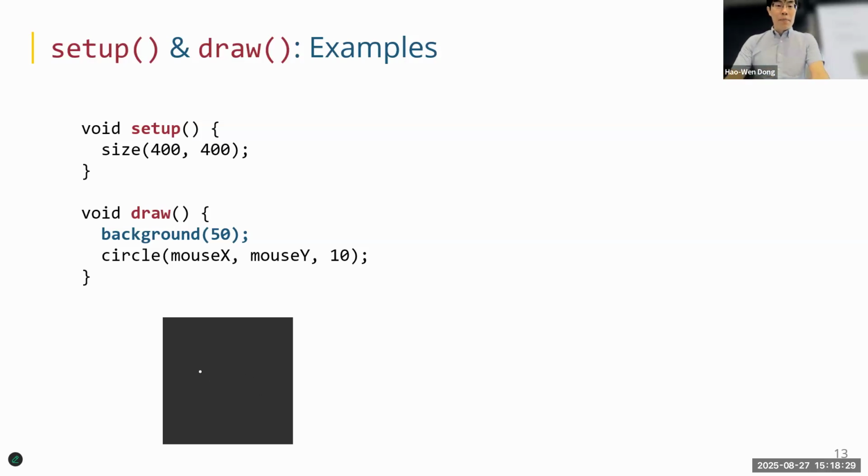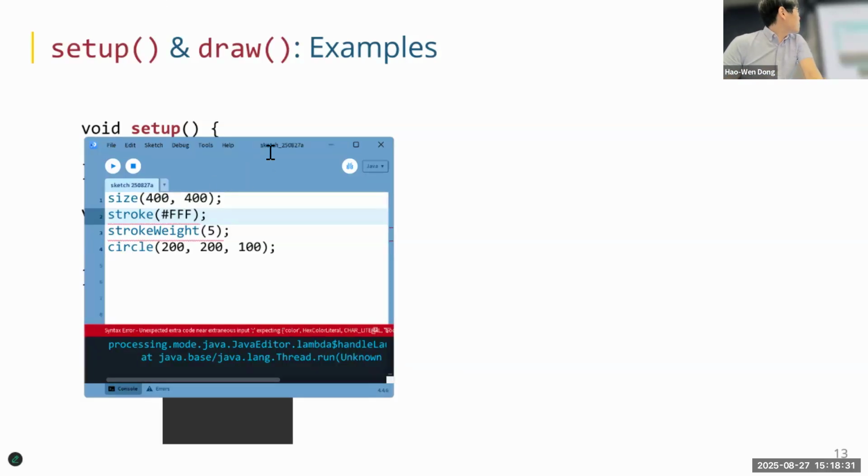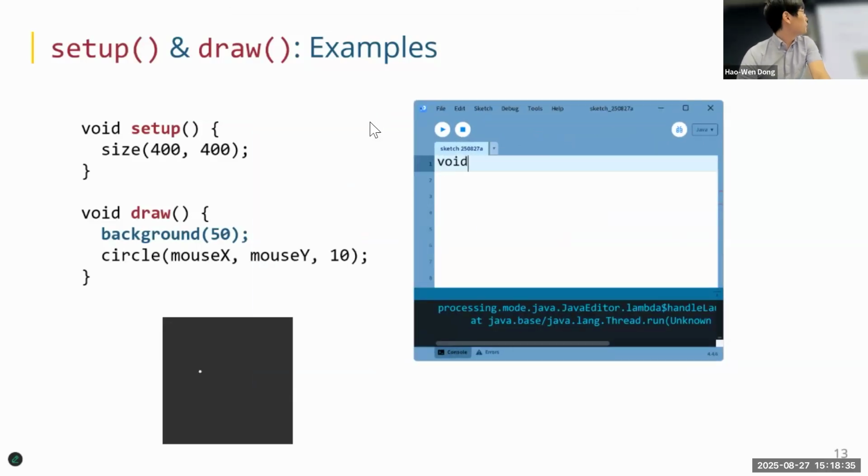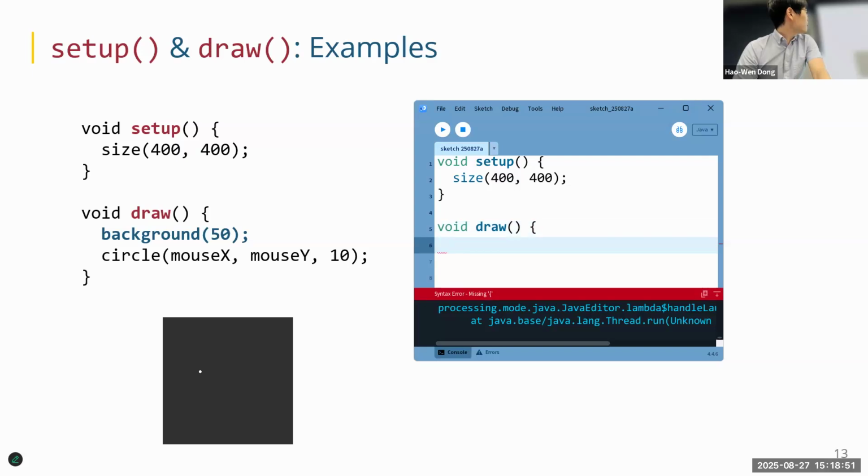So we have this simple example. Let's just write it this way. Void setup. For now, just do it the way it is, and we will get into it later. Size 400, 400, semicolon, void draw. Background, so that we set the background.